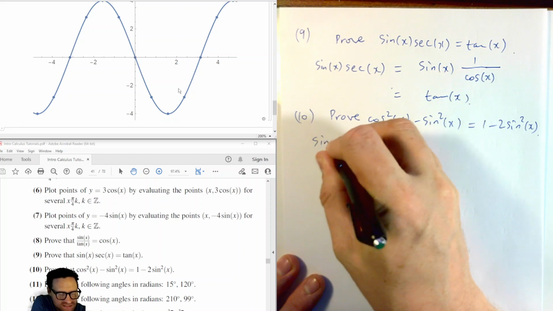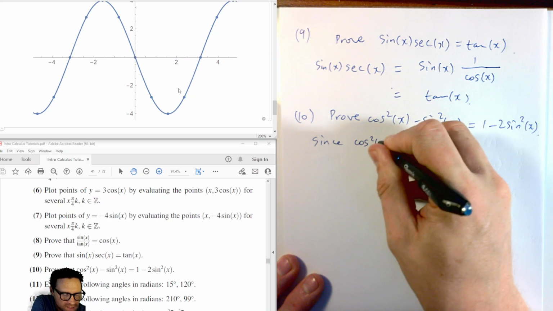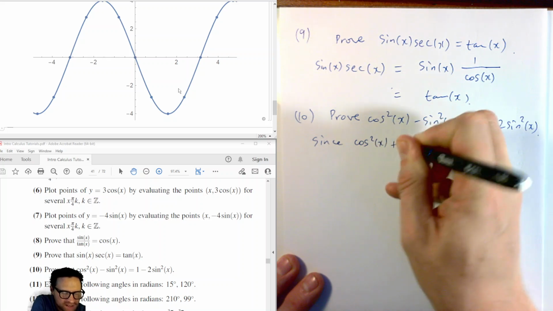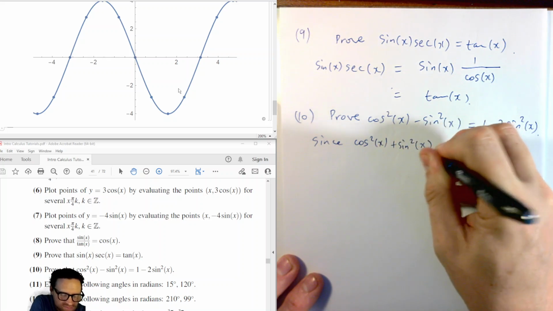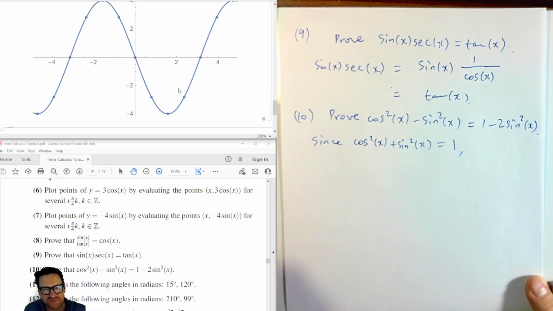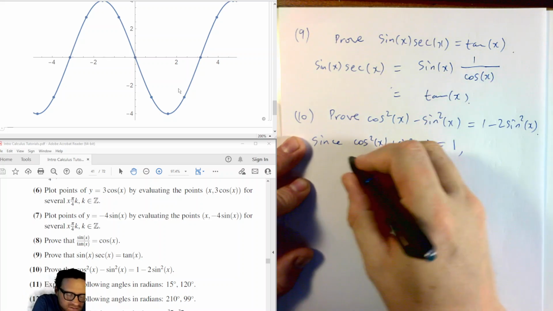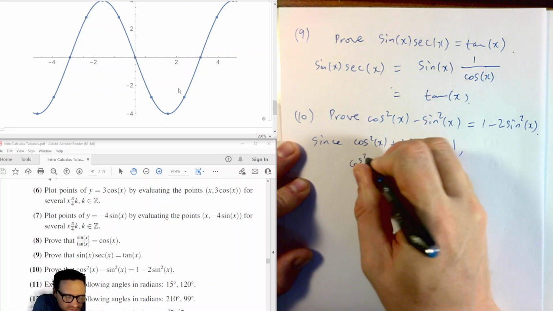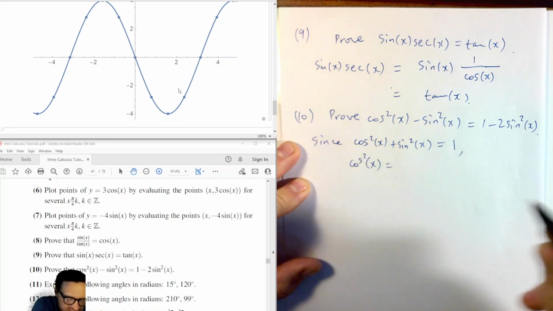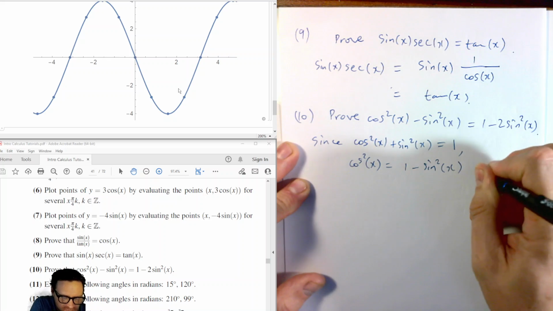So we'll say since cos squared x plus sine squared x is equal to 1, it follows from this that cos squared x is equal to 1 minus sine squared x.